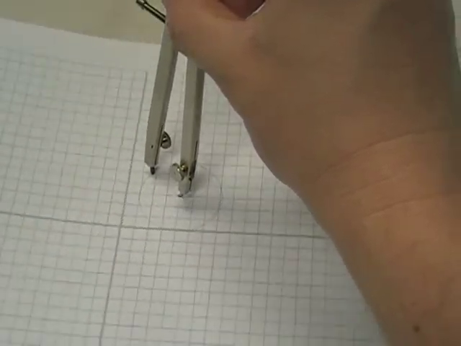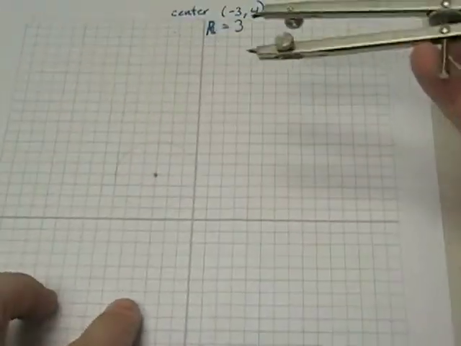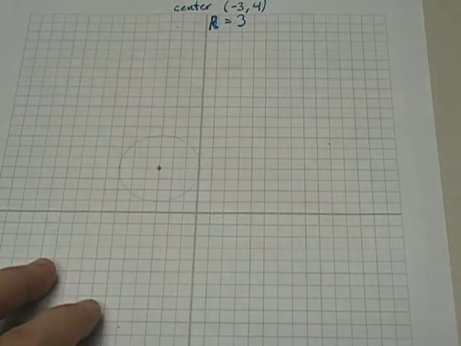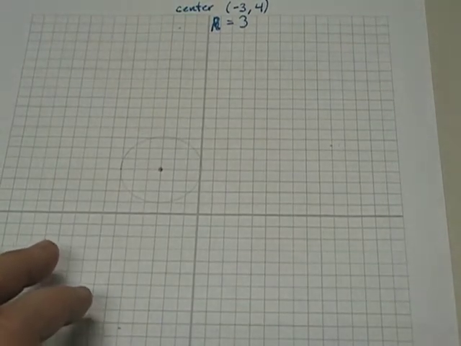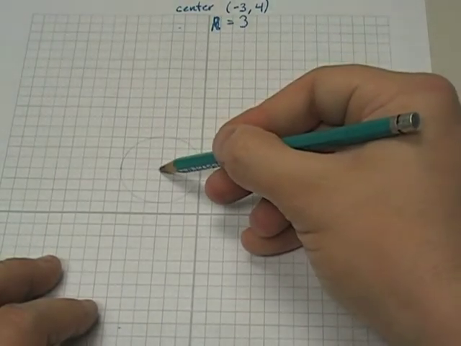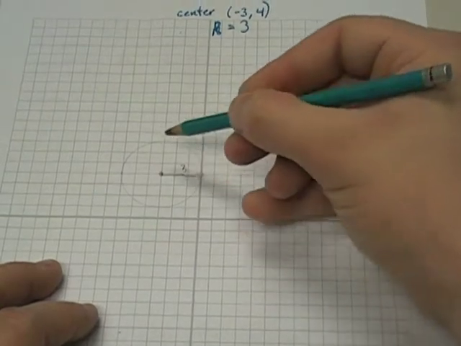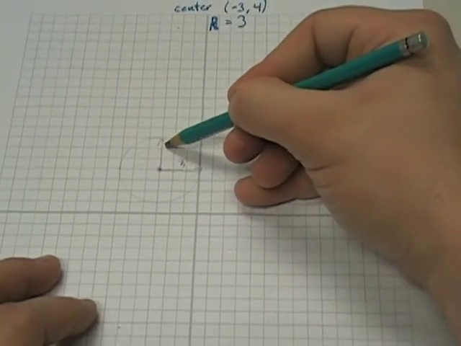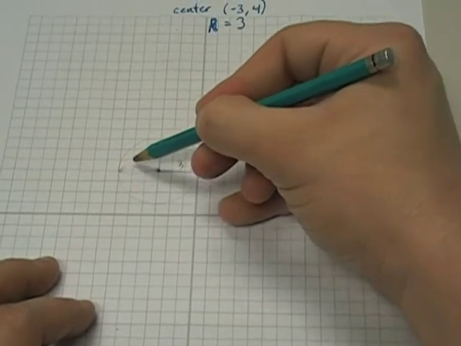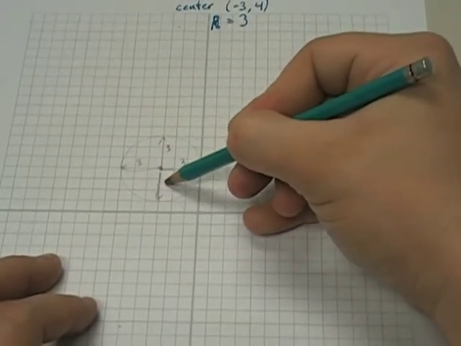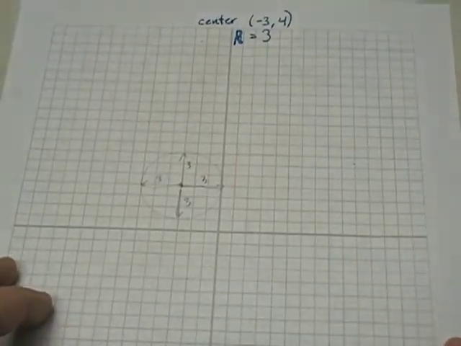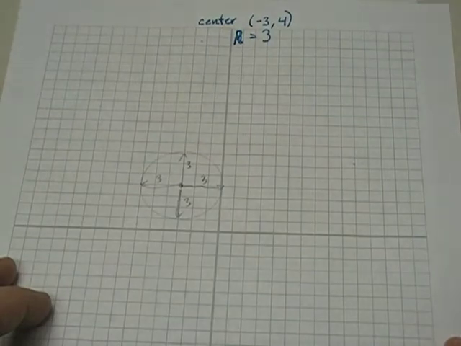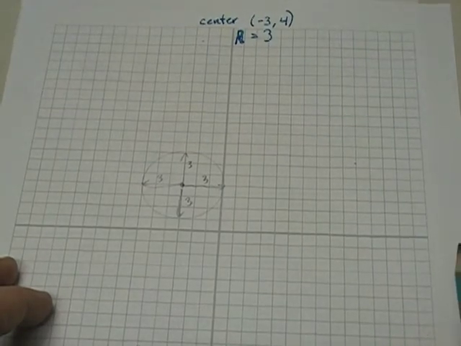And hopefully my paper doesn't tear, I get a nice simple circle. And it should go 3 units in all 4 directions. And if it does that, then we know we made a nice pretty circle. So that's how we graph that circle.